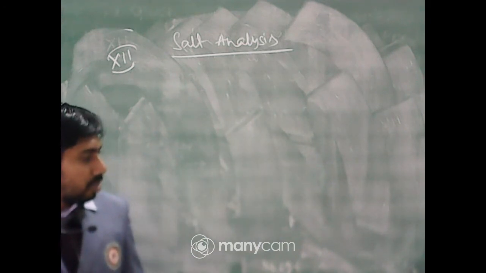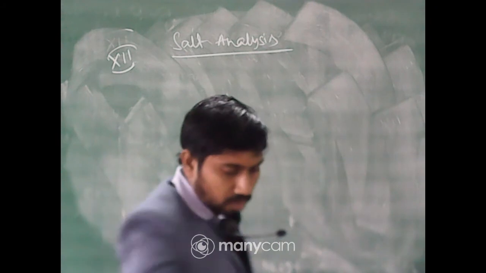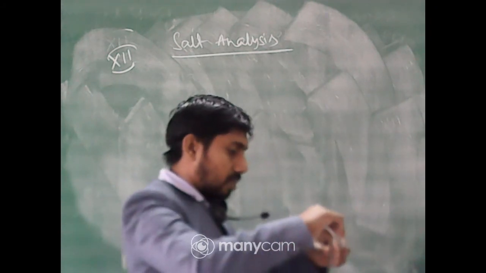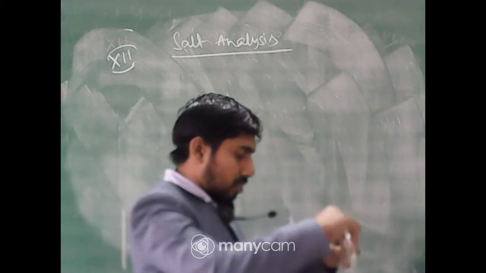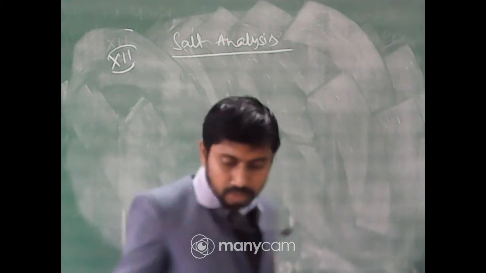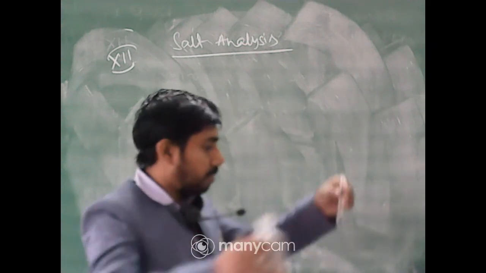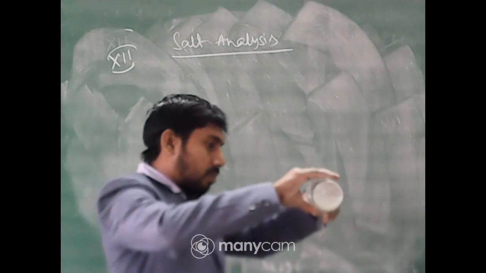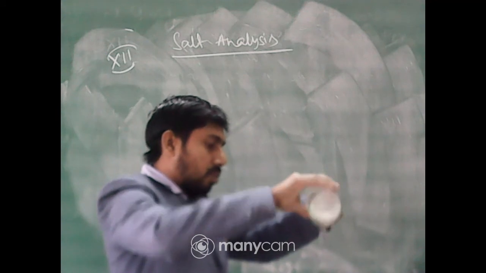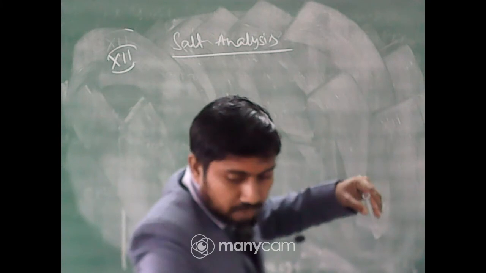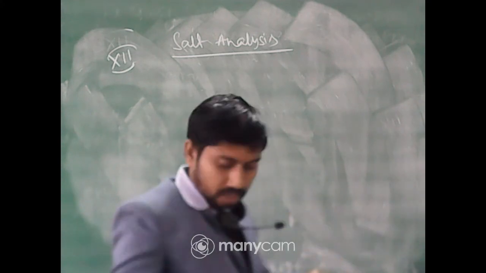Chloride, bromide, sulfate, yes, these are there. So first test with sulfate. Taking the original solution, first add barium chloride solution. Barium chloride, to see if any precipitate comes or not. Added, no precipitate is there, so the sulfate is absent here.